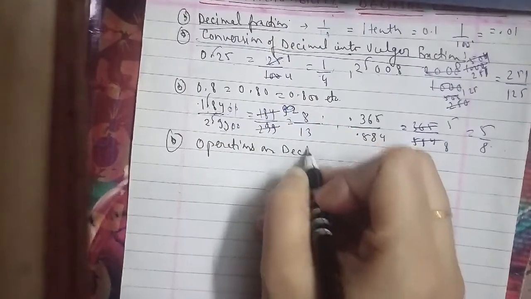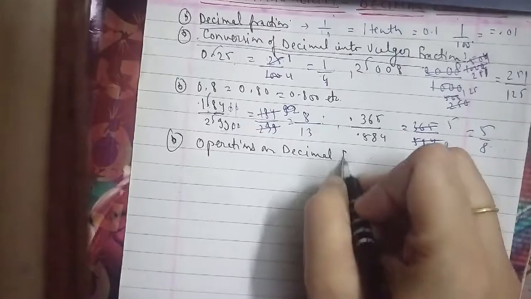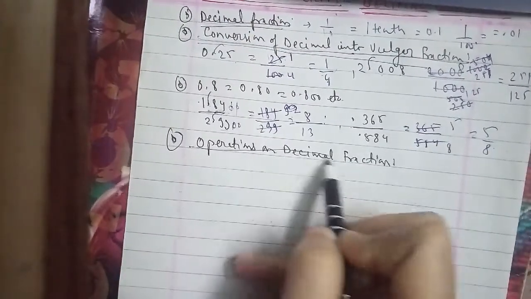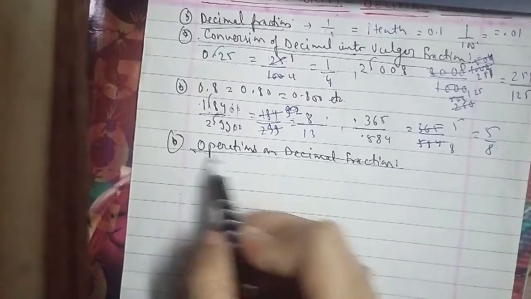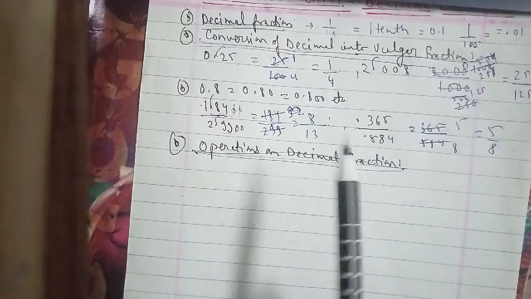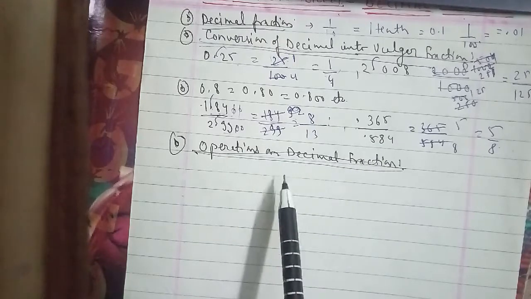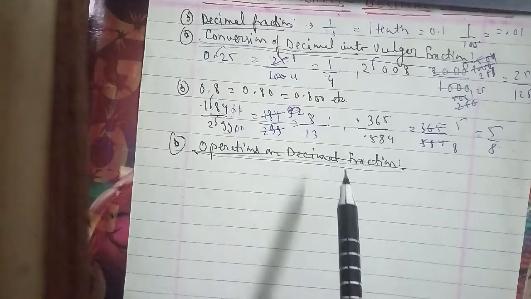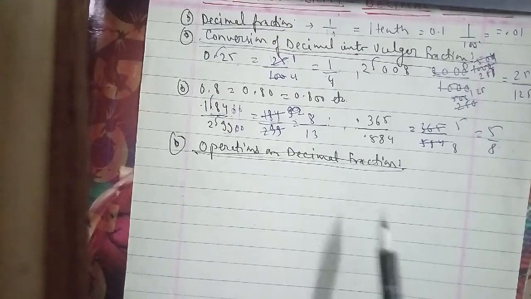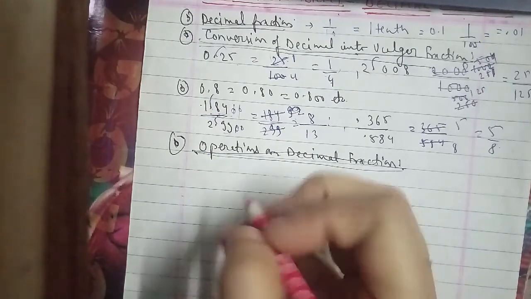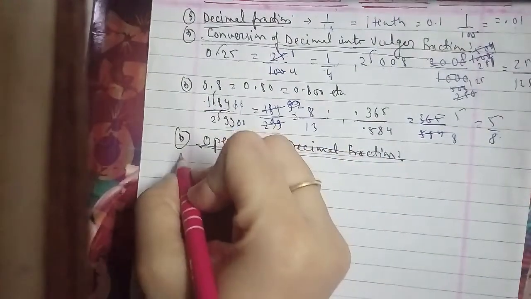There are many operations that are performed on decimal fractions, but we will discuss 4 to 5 operations that are important when you are solving the questions here. The first is addition and subtraction of decimal fractions.